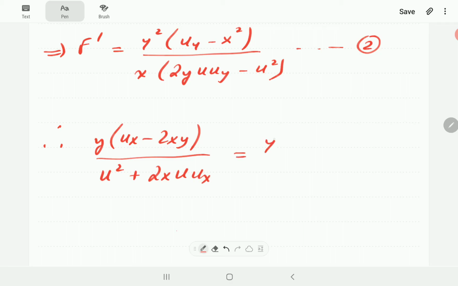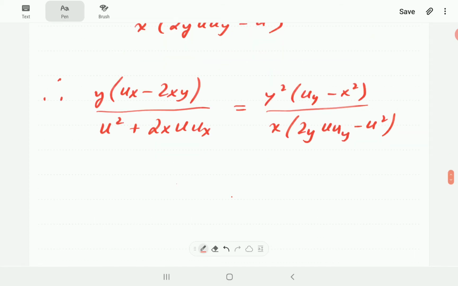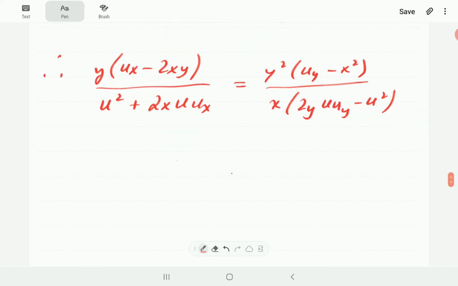And then the second one is the one we have just above here, so uy minus x squared all divided by x into 2y uy minus u squared. Okay, then we're going to cross multiply here and collect terms, so it's just going to be a bit of algebra. So maybe let's take you through the first few steps.